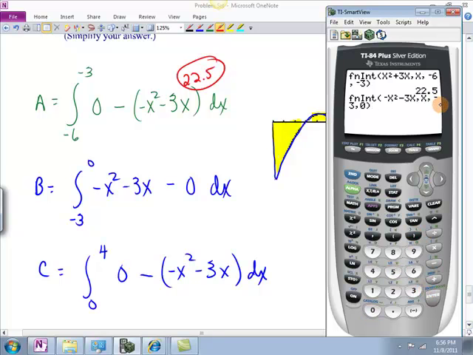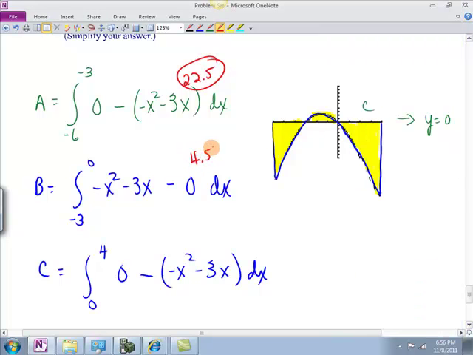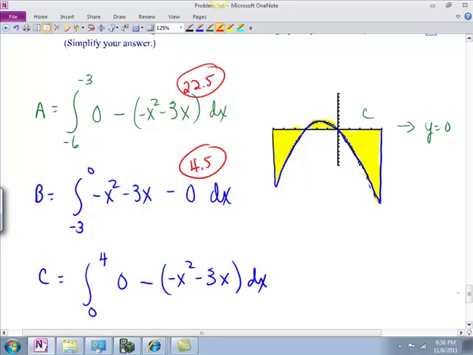Hopefully. Did you get 4.5? Okay. All right, so here we've got 4.5. I'm doing this for each because if I want the total area, I got to find 3 areas and add them together. I will let you do the last one so that you can tell me what you get there.